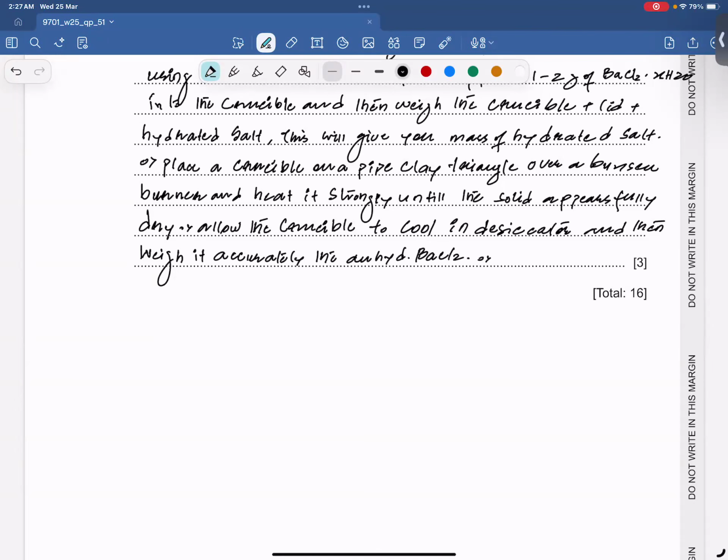Now the next is repeat the experiment until a constant mass is observed.